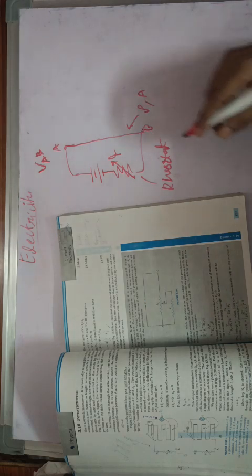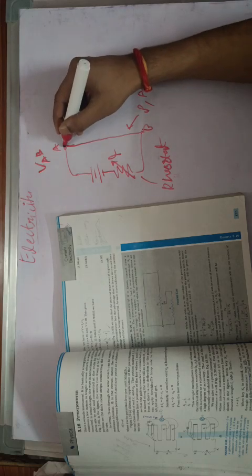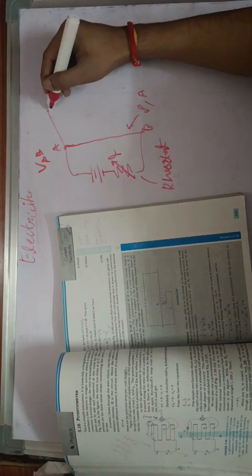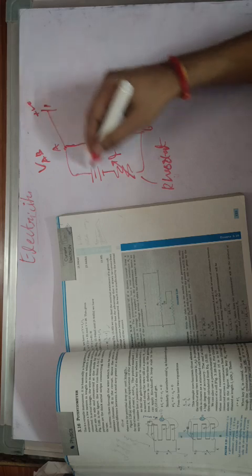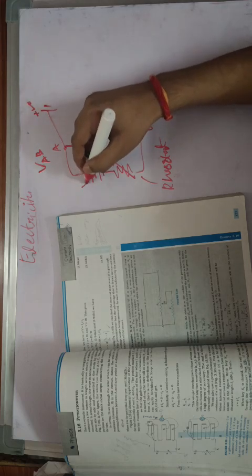Now the thing we do is, we take one end and connect it to the cell. Let's say this is the cell, and its positive end is connected to this side which has the positives.